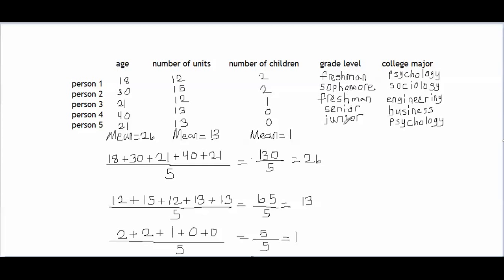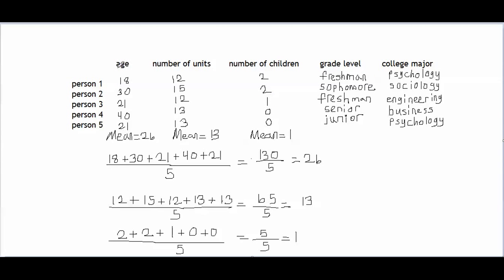We can't add up these 5 answers and divide the total by 5. We also can't calculate the mean college major because these 5 answers are nominal, so we can't add up the 5 answers and divide the total by 5.